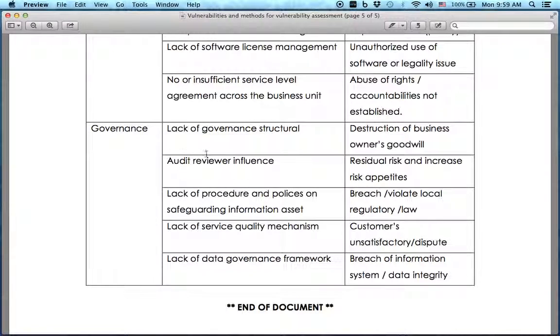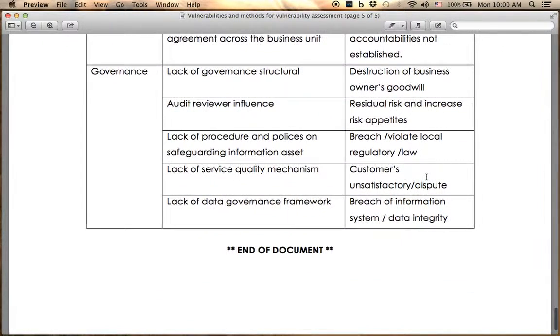In most organizations, the internal audit department is not fully independent because of influence from the CEO or the GM. The threat in this area becomes residual risk and increases the risk appetite. Risk appetite is a strategy set by senior management or the board of directors, because we need to control the risk appetite or risk exposure.